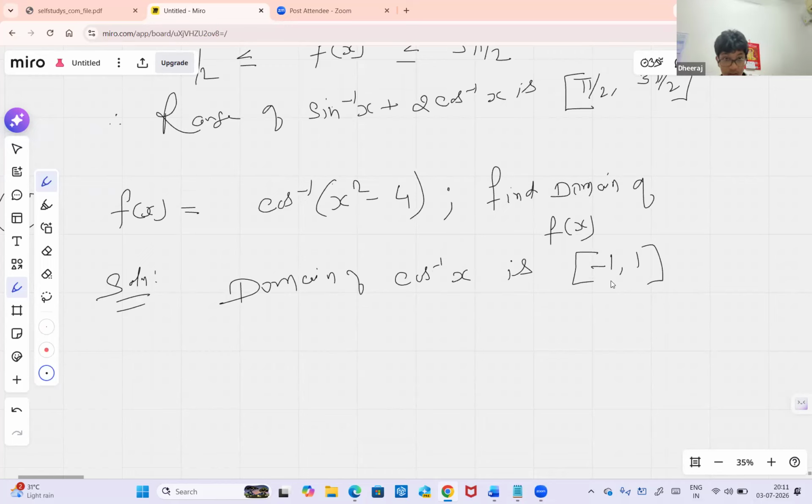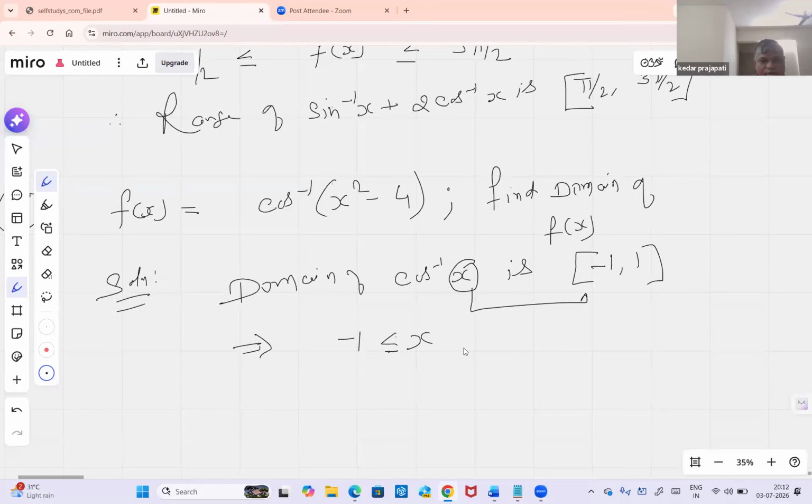Minus 1 to 1. So cos inverse x means it is a value of x. So domain of cos inverse x means the value of x is between minus 1 to 1, both included.